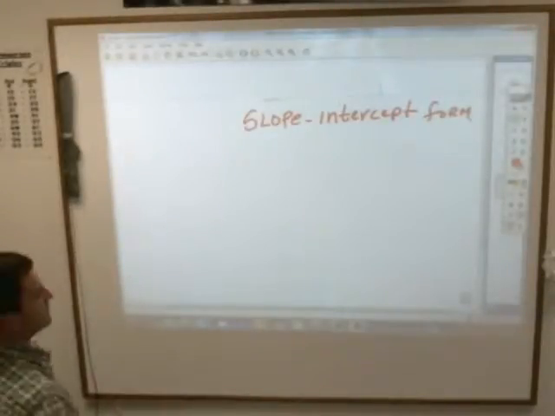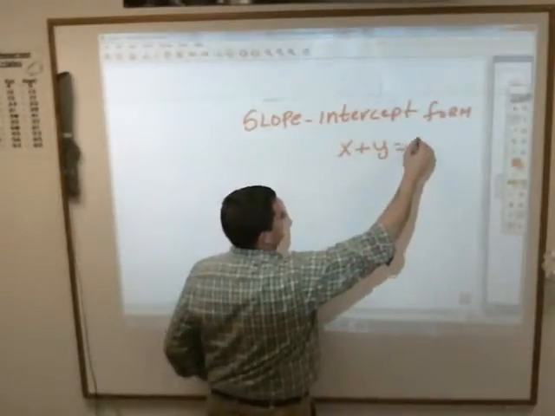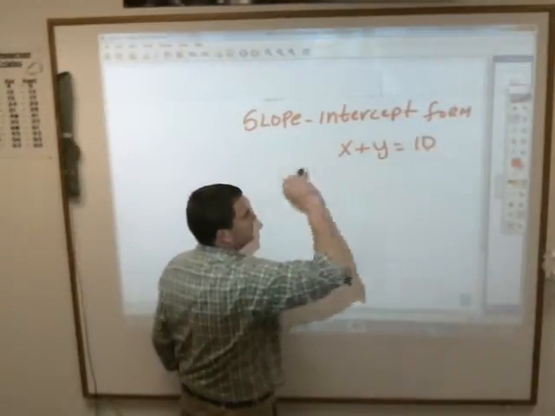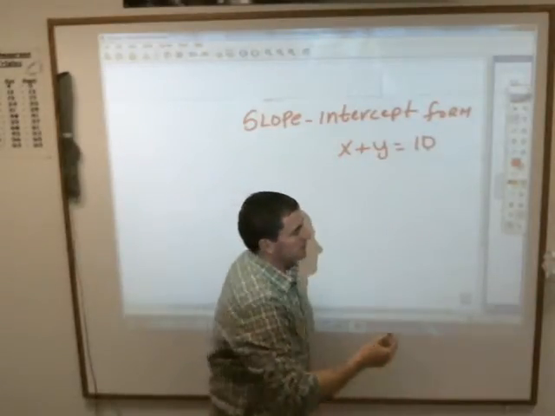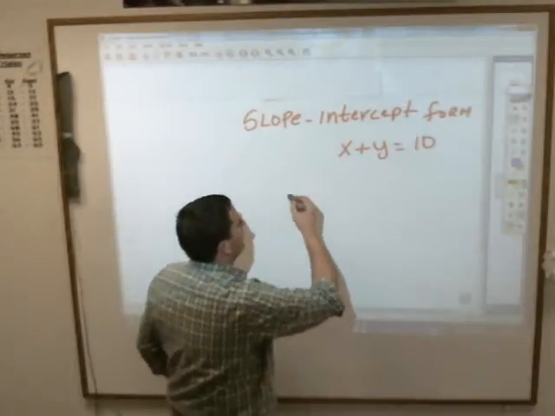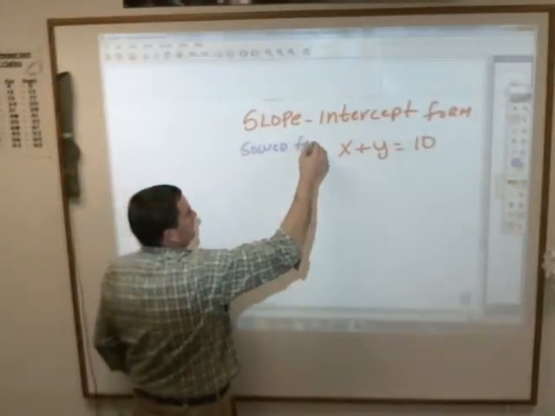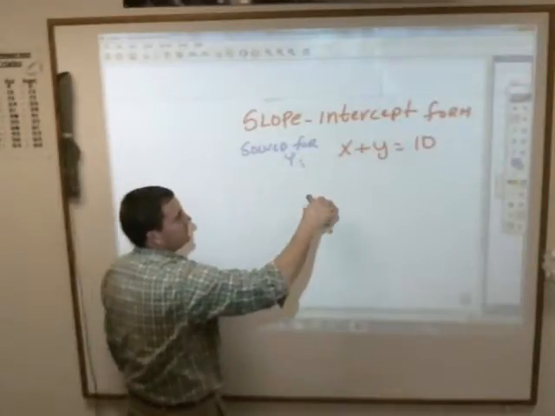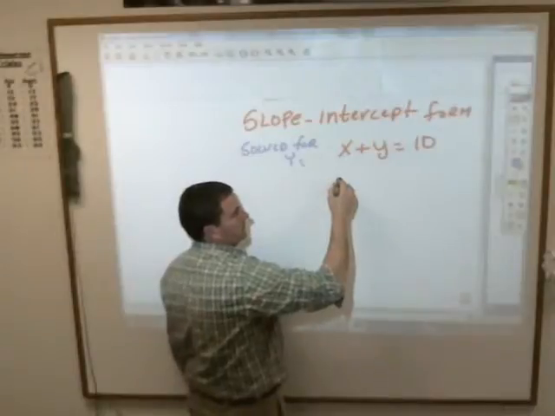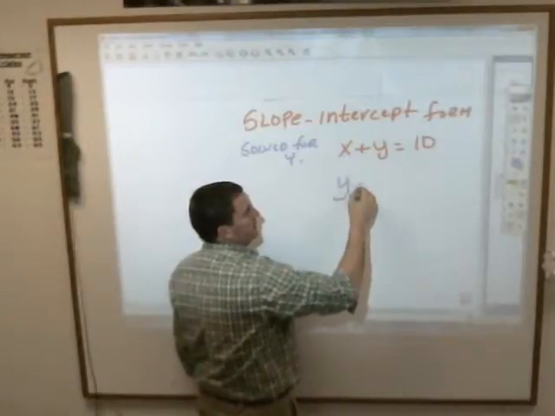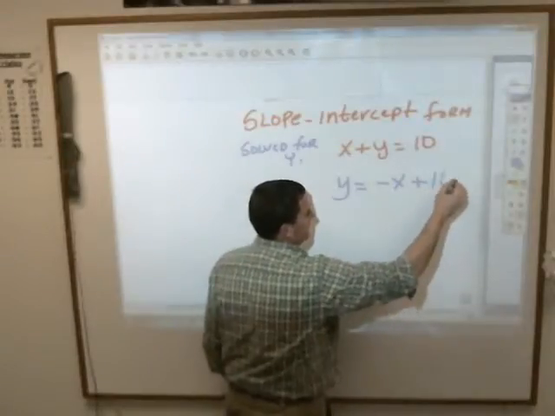I'm going to go back to my x plus y equals 10 equation. This is in standard form. Slope-intercept form is solved for y, which means I just move the x to the other side of the equation, and it ends up looking like this: y equals negative x plus 10.